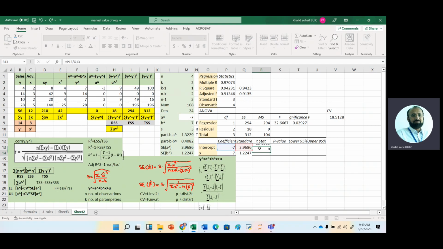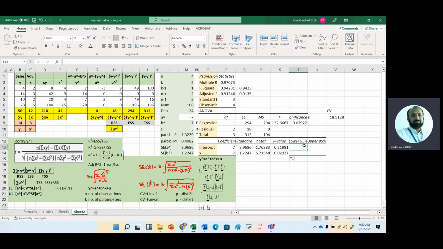And for the p value, we use the formula T.DIST.2T, and here the t statistic, we will take its absolute value, comma, and then the degrees of freedom, 2. So here 0.21, and for the second coefficient, we have 0.022.